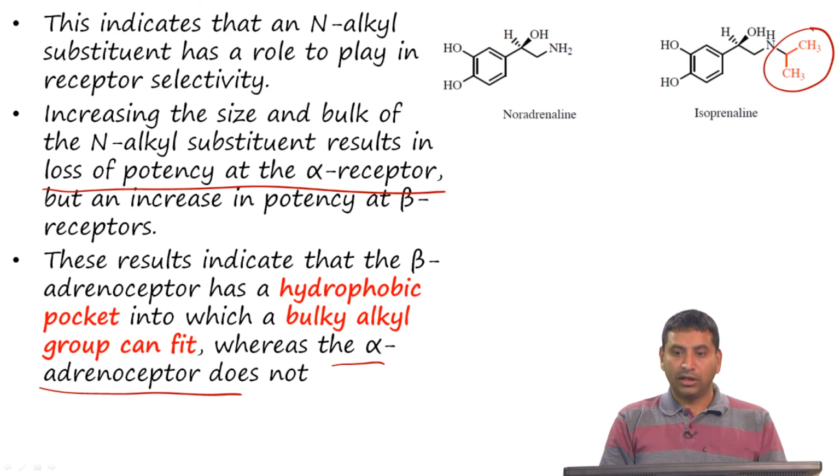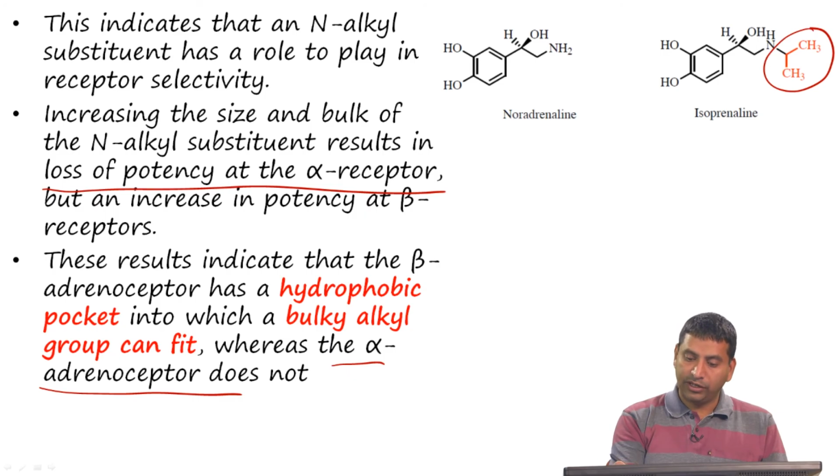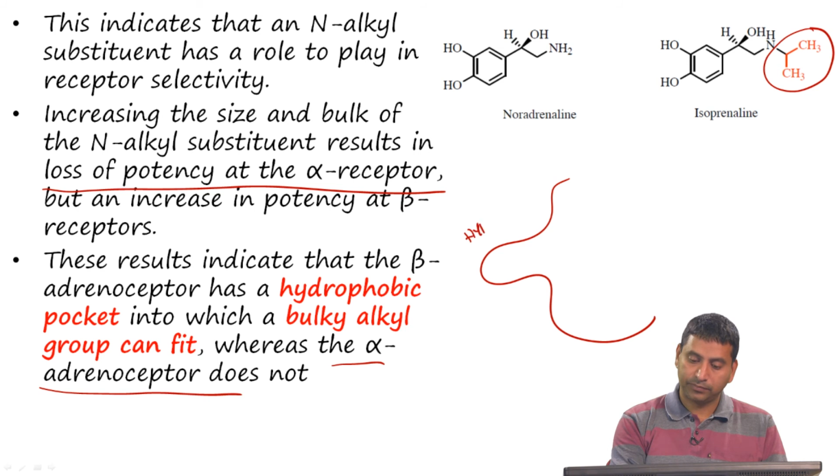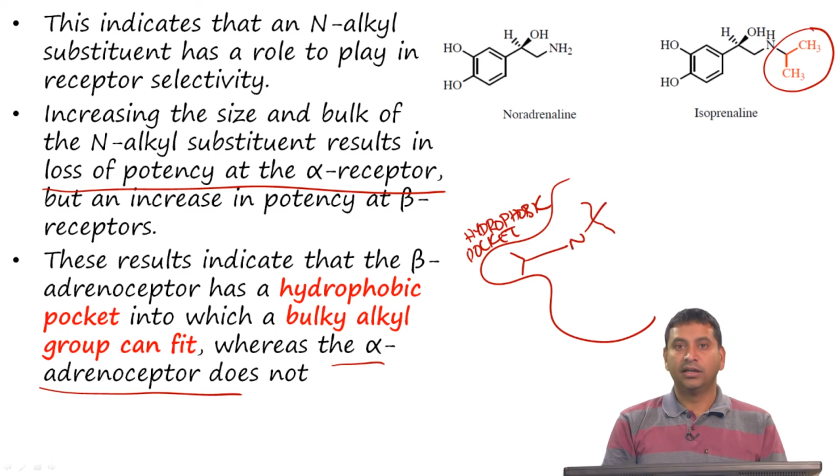From this example, what we can infer is that there might be a hydrophobic pocket where this isopropyl group comes in and binds, and this hydrophobic group seems to be important for the binding, whereas in the case of the alpha adrenoreceptor, this hydrophobic group does not seem to be present, which results in no selectivity.